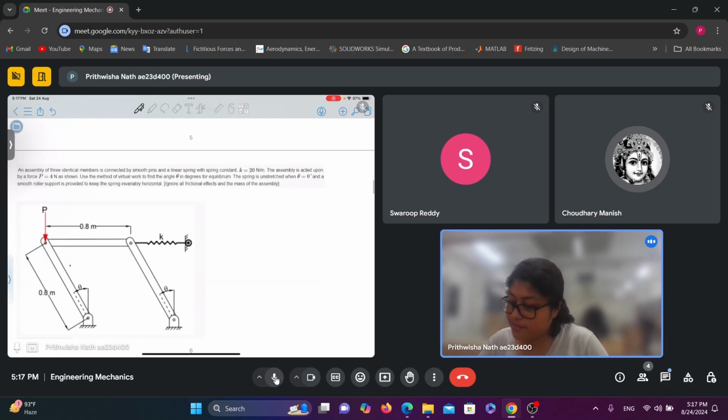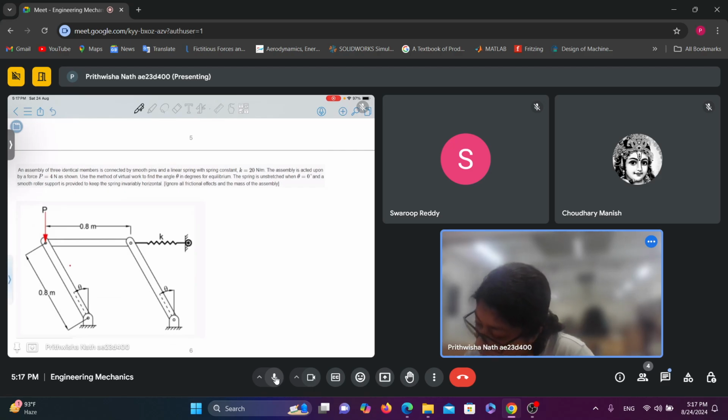So for the next problem, this is a system where the spring constant is 20 Newton per meter and force is applied at this point and it is equal to 4 Newton. You need to find angle theta such that the system is in equilibrium.